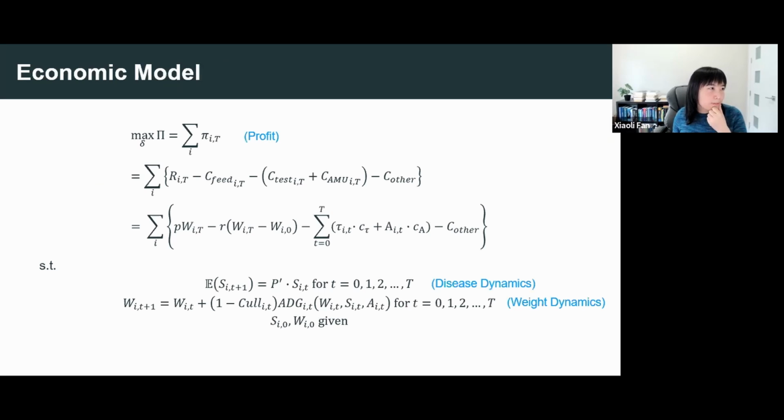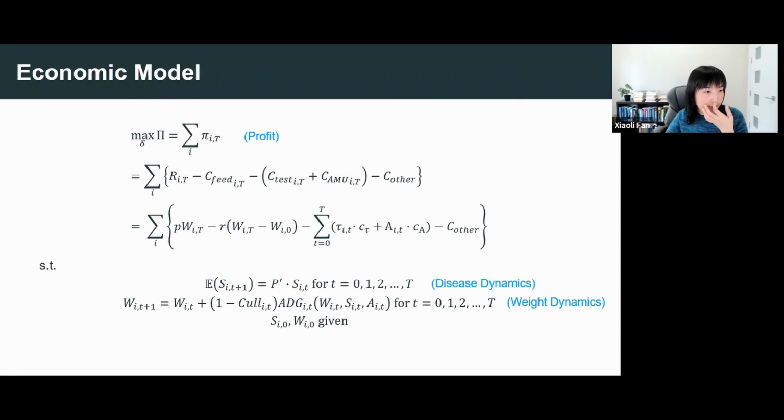These are in our mathematical model. There are a lot of variables here. I'm going to skip. But basically the feedlot manager is maximizing profit, which is the revenue minus the feed cost, the test cost, the antimicrobial cost, and other fixed costs.